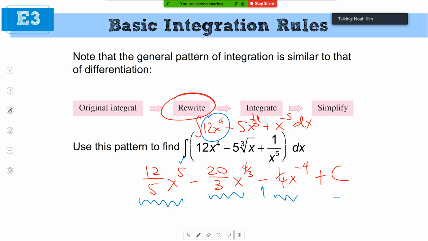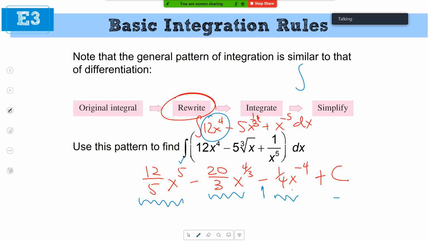Multiplying by the reciprocal, wouldn't that get 15 over 4? That was the only difference I had in answers. Yeah, I got 15 over 4 as well. 15 over 4. Me too. Here? For like the second term.